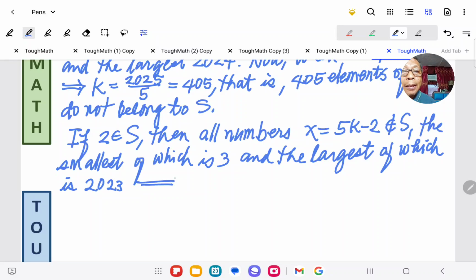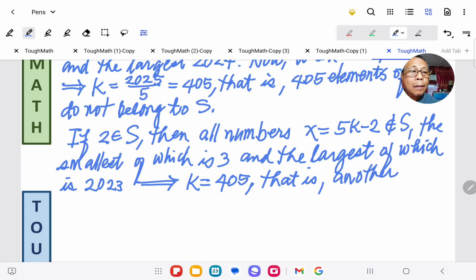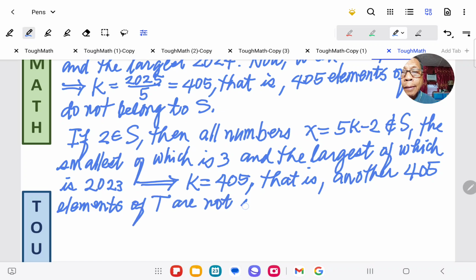And this means that k is equal to 405 again. That is another 405 elements of T that are not in S.